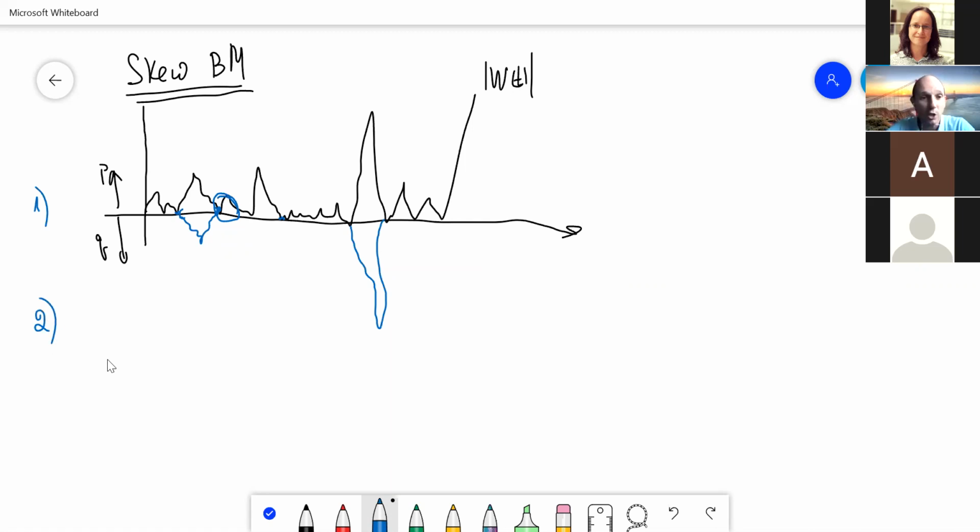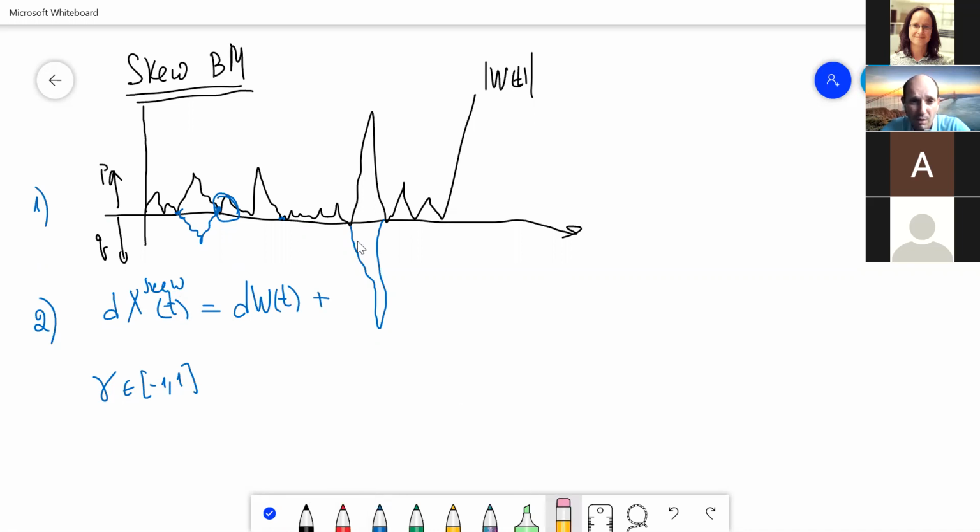The second definition is as follows. A process X is skew Brownian motion with a parameter gamma, gamma between -1 and 1, if this process is a solution to the following stochastic differential equation: dX(t) equals dW(t) plus gamma times the local time of this process at zero at the time instant t.